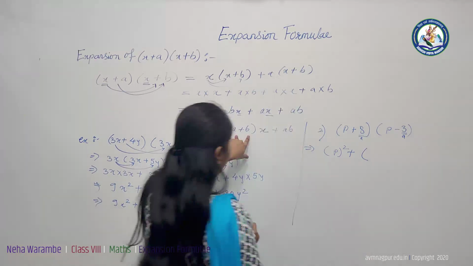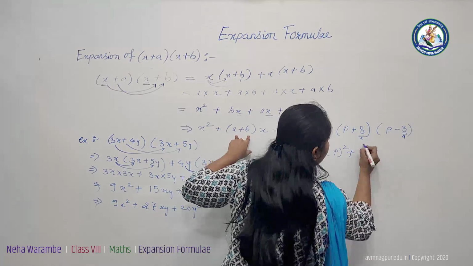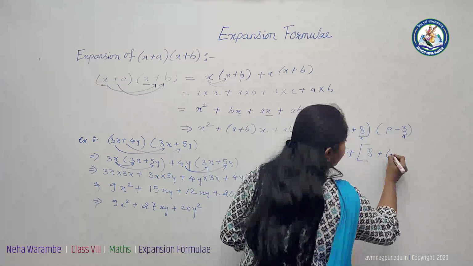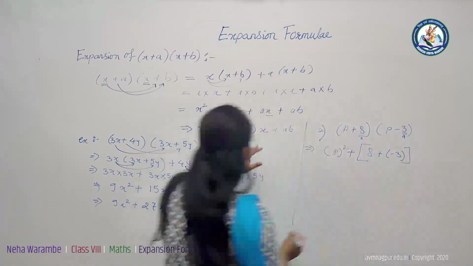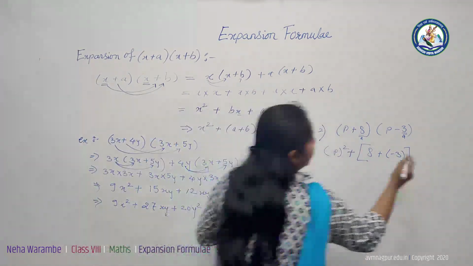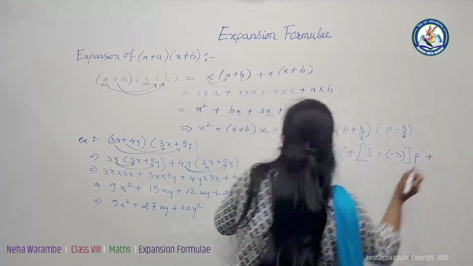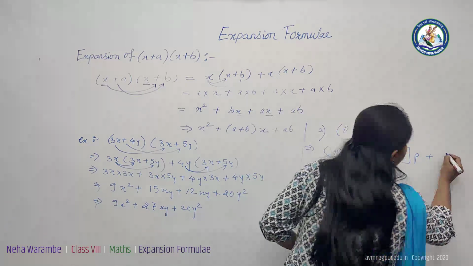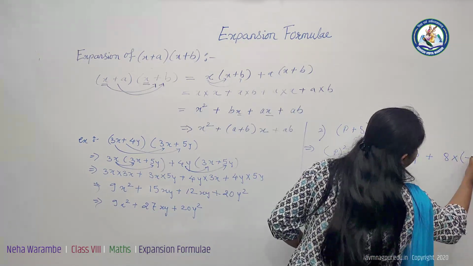In the bracket a + b means 8 plus b is −3, into x. x means first term, that is p, plus a into b. a into b means 8 into −3.